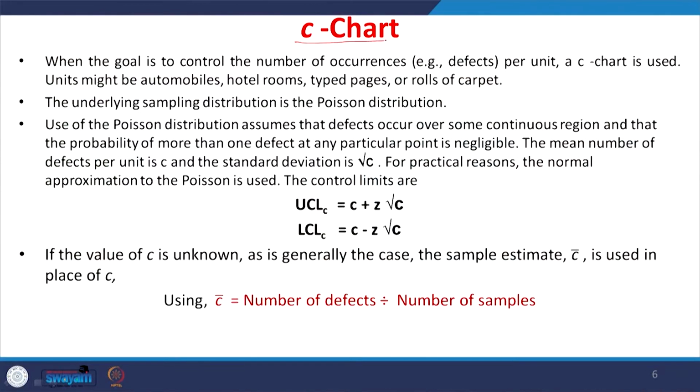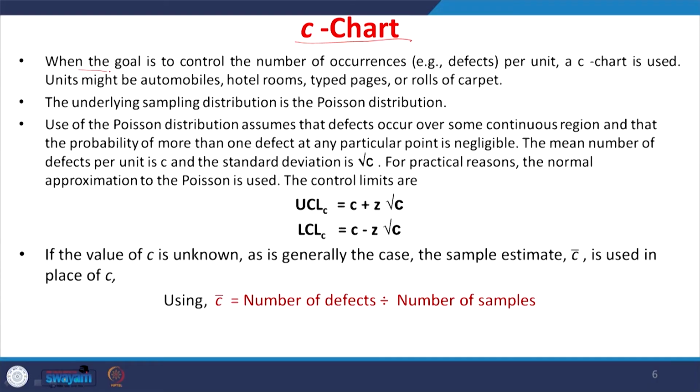Now, another chart for doing this kind of charting for attributes is the C chart. So, the P chart is one type of chart, another very popular chart is the C chart. Now, let us understand the C chart and the difference between P and C charts.